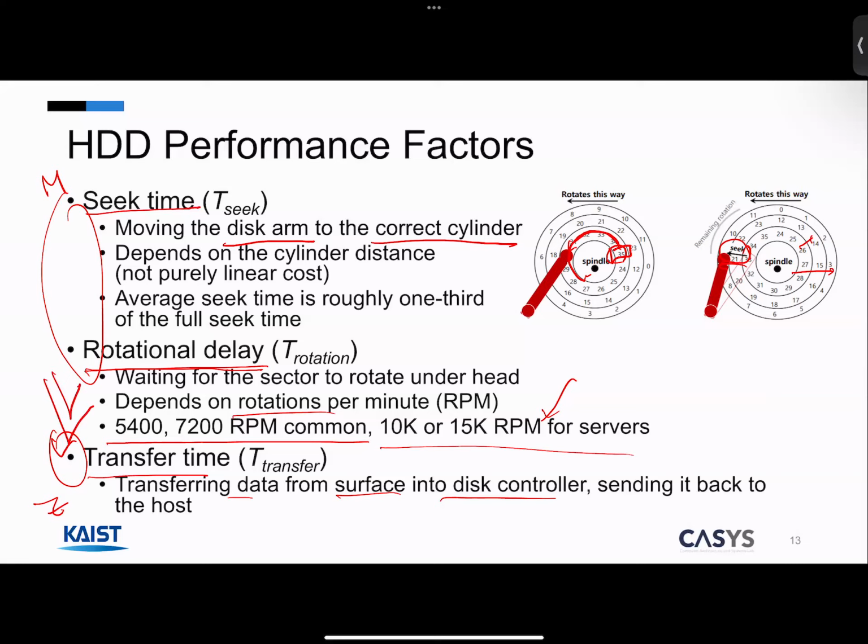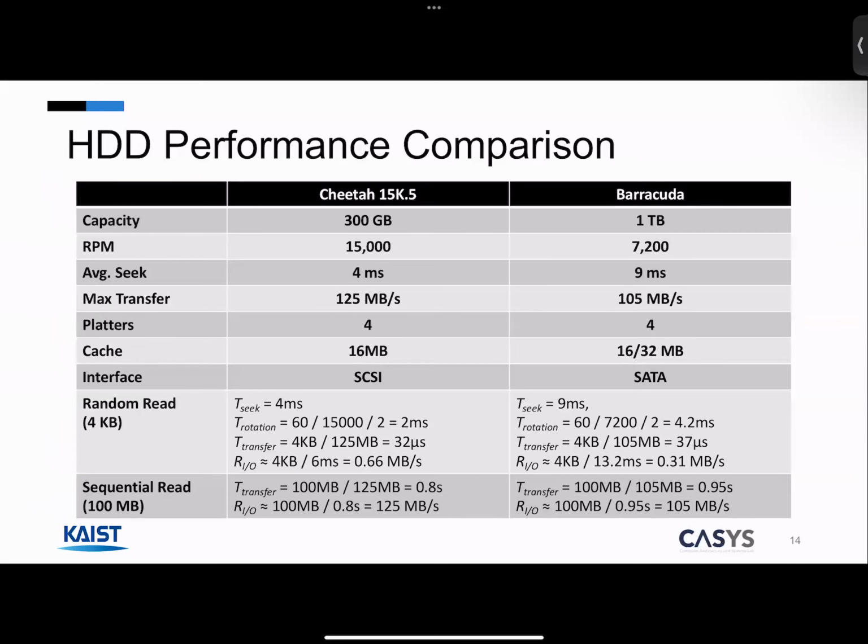Comparing seek time and rotational delay, which one takes longer? What do you think? The answer is that seek time is much slower. These are two popular hard disks with large capacity. This one is a server hard disk providing good RPM, and this is a desktop-based hard disk providing much lower RPM.